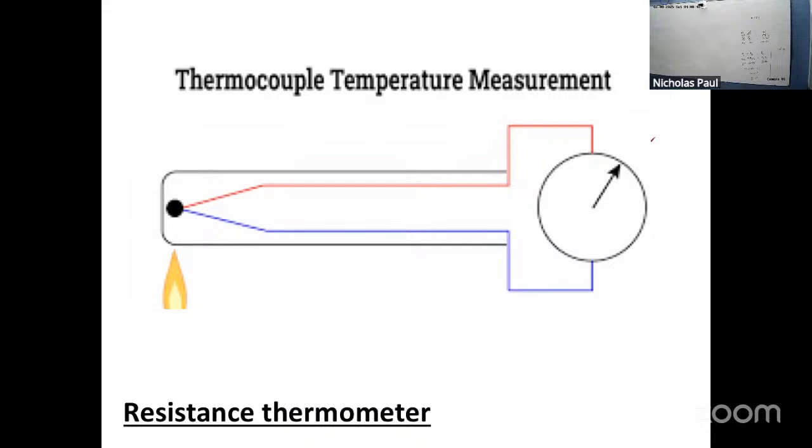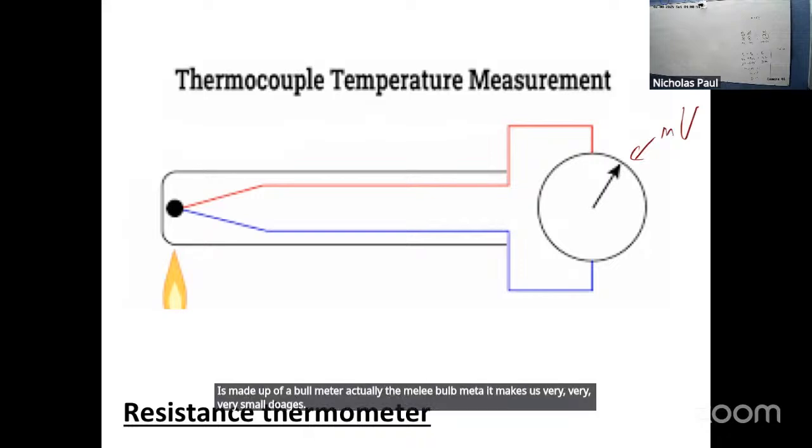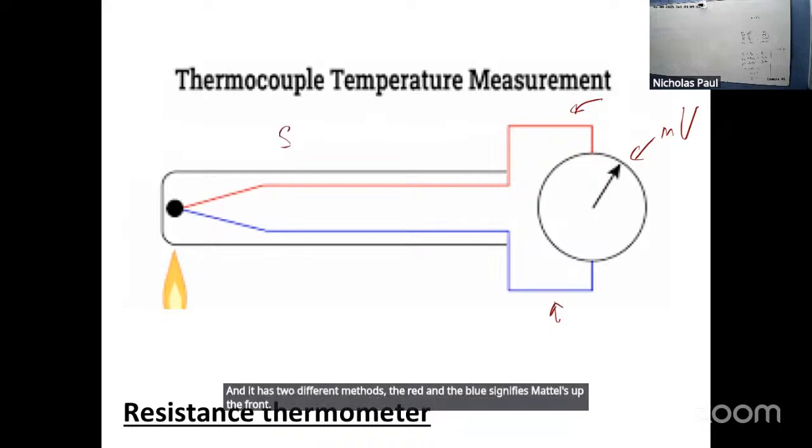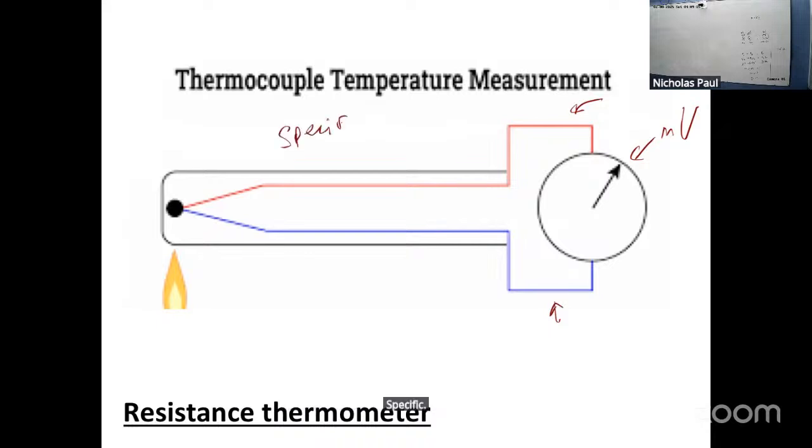It's made up of a voltmeter. Actually, it's a millivoltmeter. It measures very, very small voltages. And it has two different metals. The red and the blue signify metals of different specific heat capacity. All that simply means that they both behave differently under temperature.